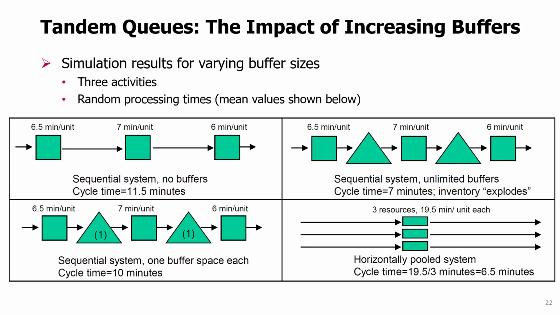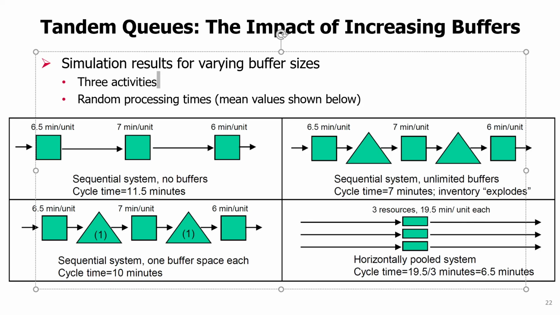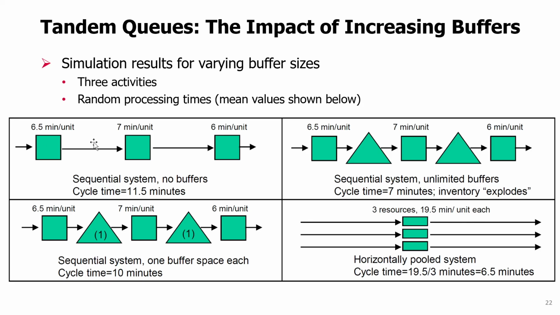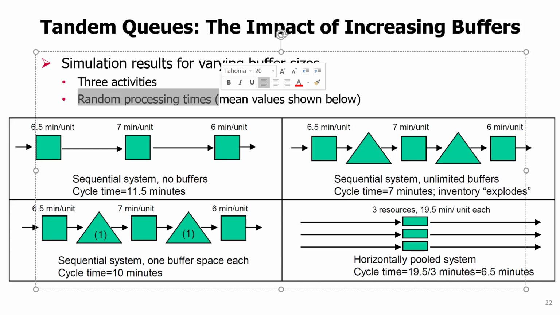So we are seeing here on this slide an example of 4 simulations just to compare the effect of limited buffers. We basically have 3 activities that need to be completed in different ways of organizing work. And processing times for those activities are random with mean values that are shown below.